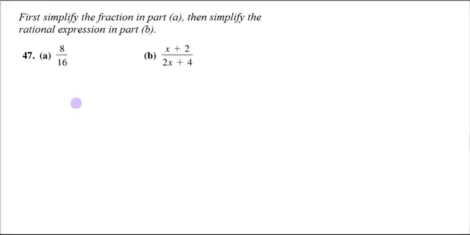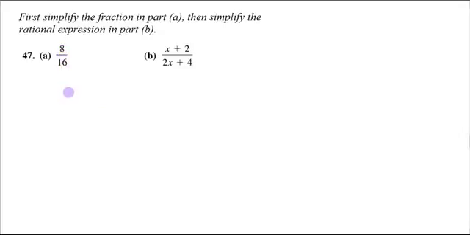Here we have 8 over 16. Now, I'm sure that you probably know that 8 divided by 16 is 1/2. If you're not sure of that, then we can always factor and see that. But I want you to do this the long way, just so you can see how doing it the long way is the same way we would do a rational expression.